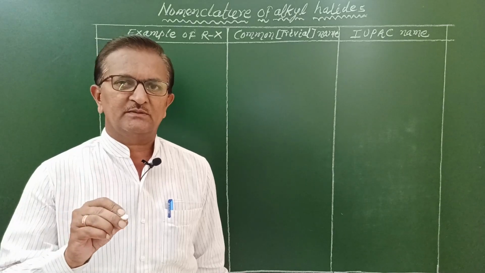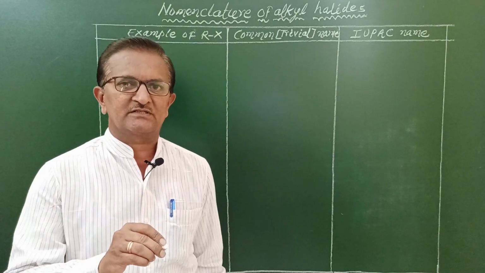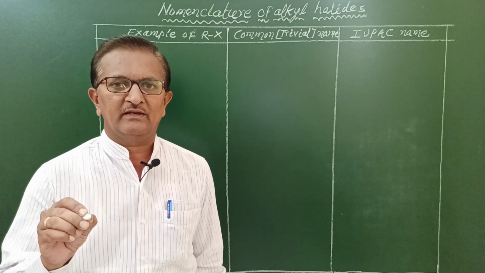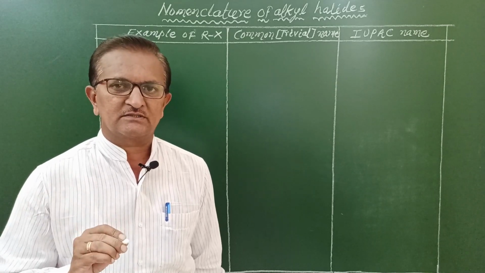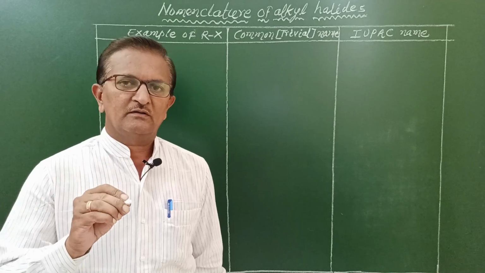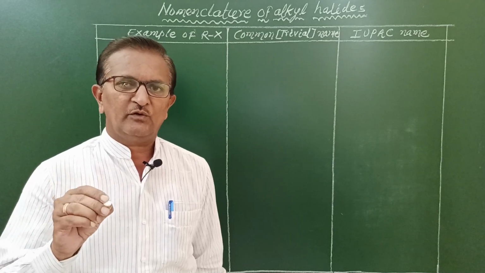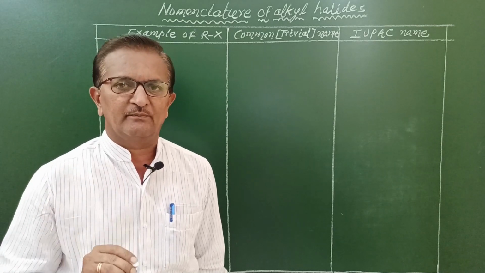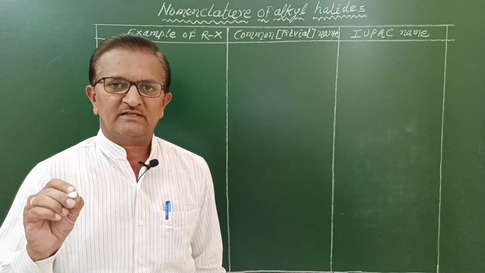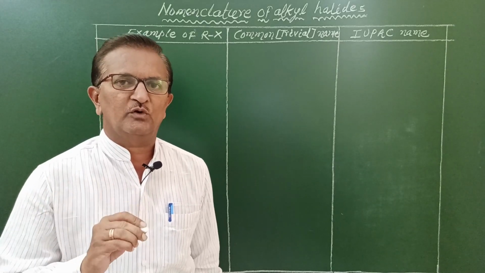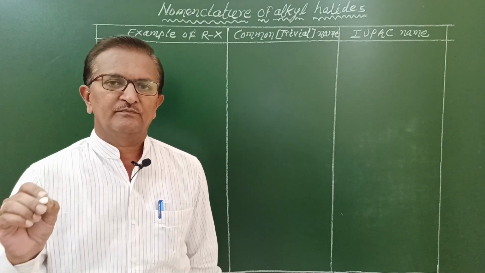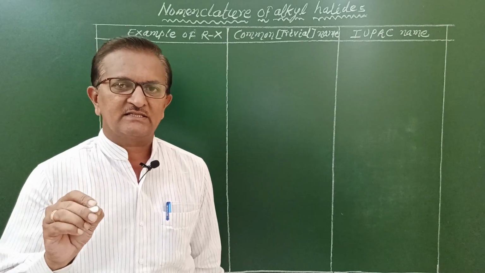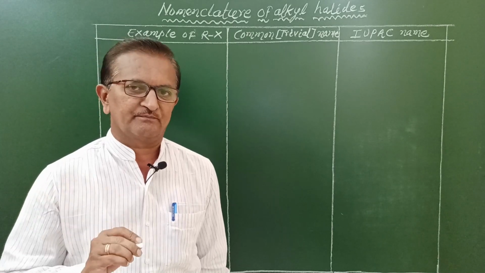This common name system is also called the trivial name system. Trivial means of less importance, or the name derived from the source of the organic compound. And the second system, which is a very important one, is the IUPAC name system.